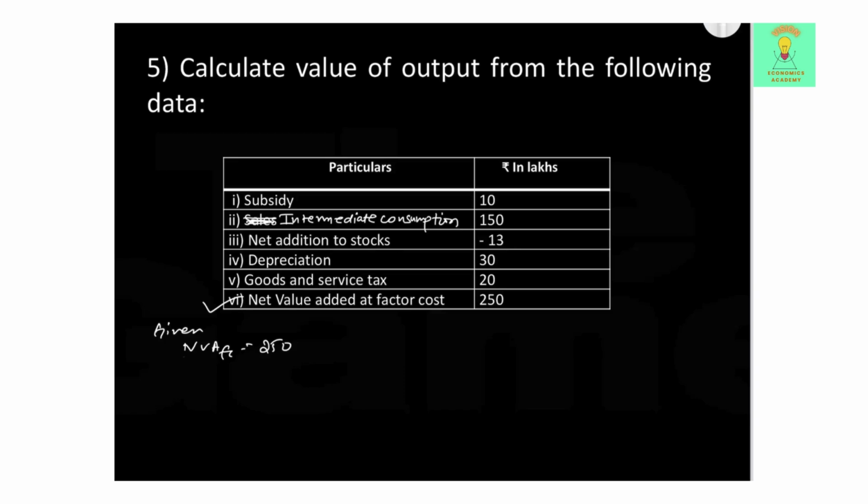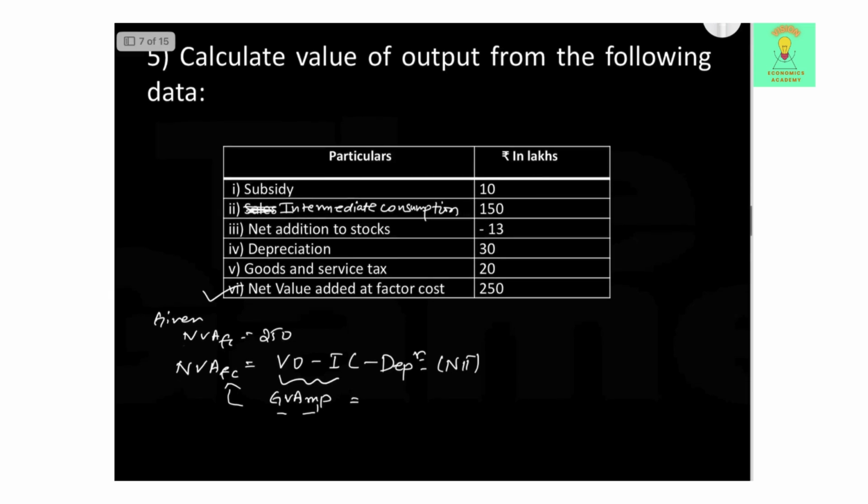Now we know that NVAFC is value of output minus intermediate consumption, that gives us GVAMP. From GVAMP, from G to N is minus depreciation, and from MP to FC is minus net indirect taxes. Now let us write here, value of output is not given, right?